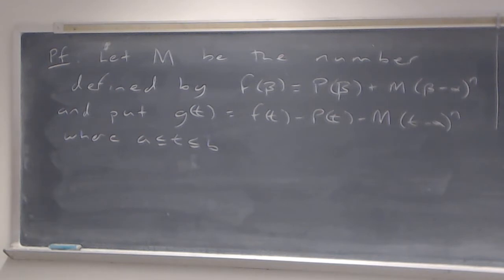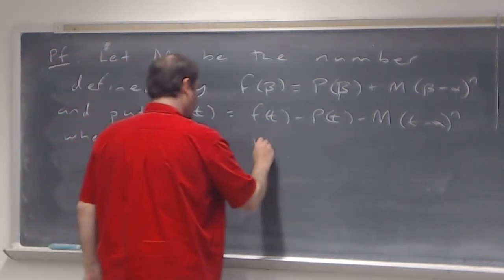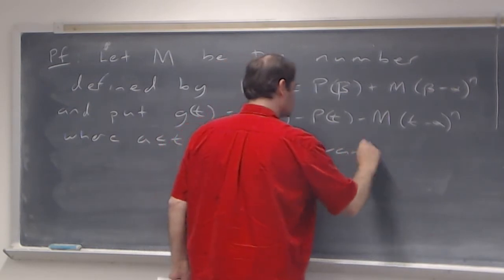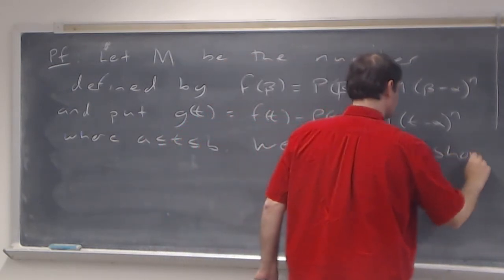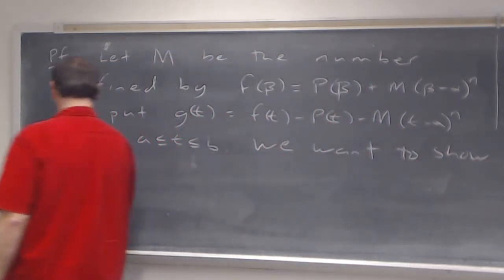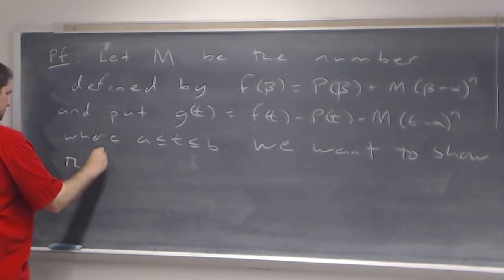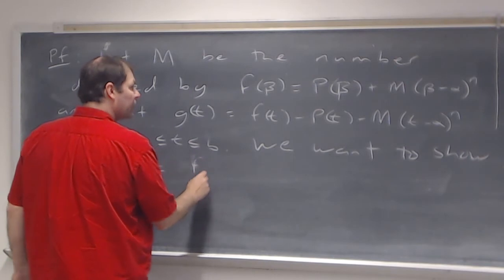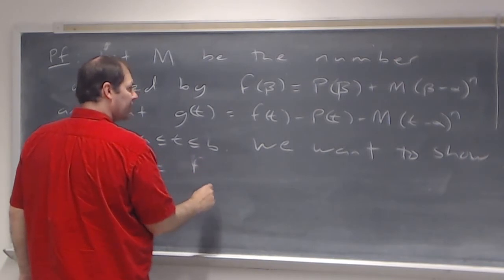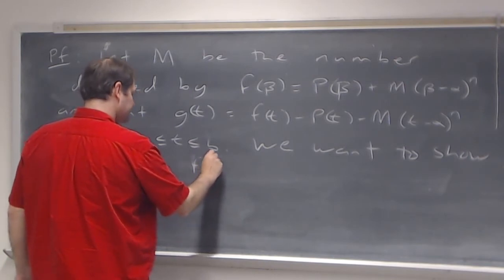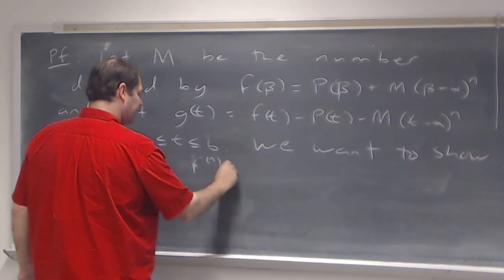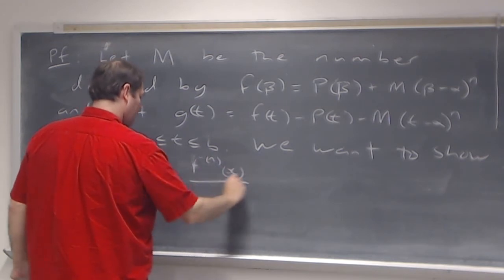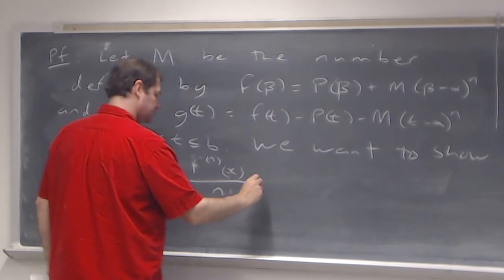To get the conclusion we want to show that m is equal to the nth derivative of f evaluated at x over n factorial.